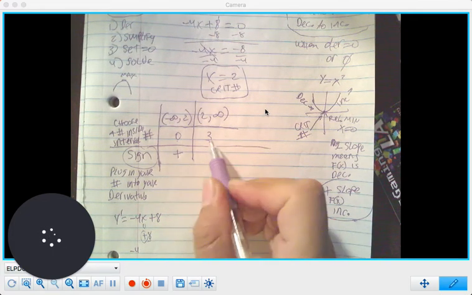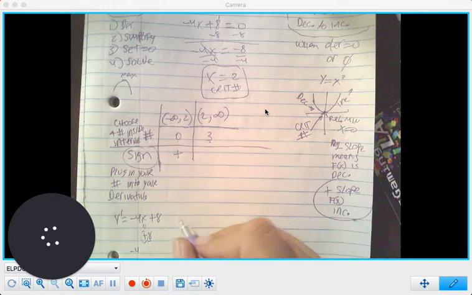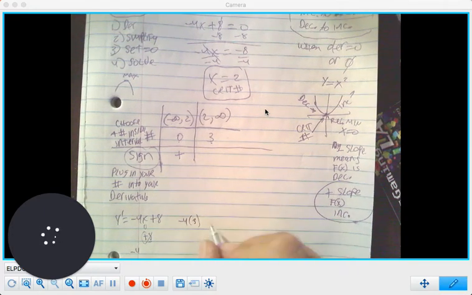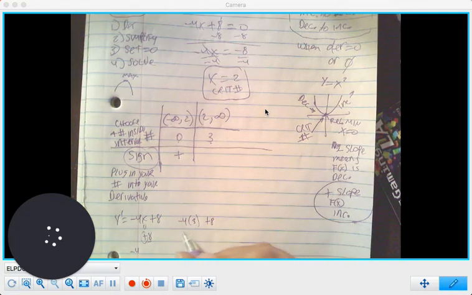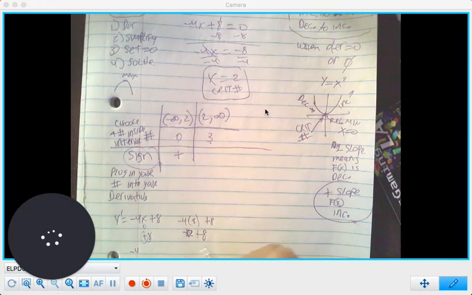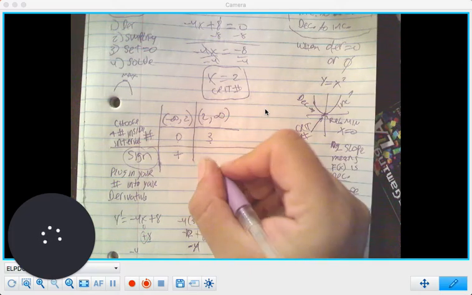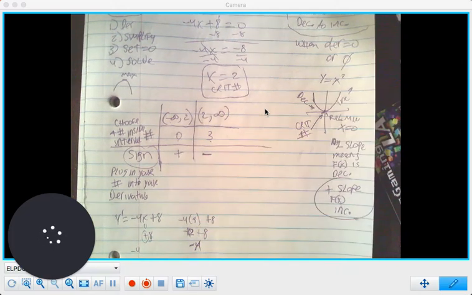Now I'm going to plug in 3. Negative 4 times 3, and I'm just doing this so you guys can see, but I usually do it in my head. Negative 4 times 3 is negative 12 plus 8. Negative 12 plus 8 is negative 4. Again, I don't care about the number, I care about the sign. So this is negative. Cool. So basically we're done.